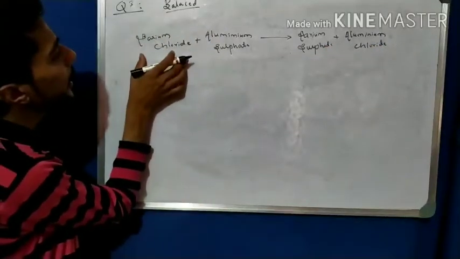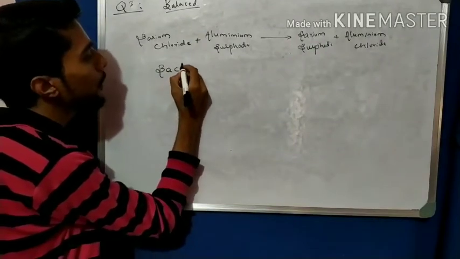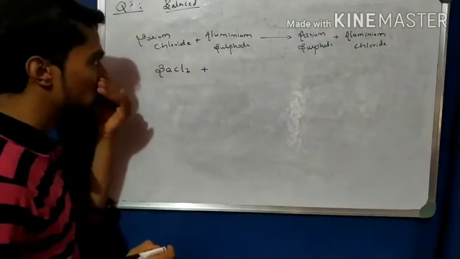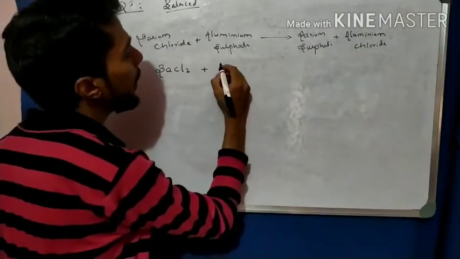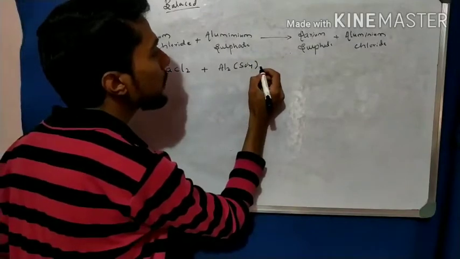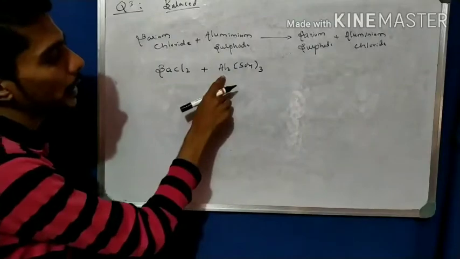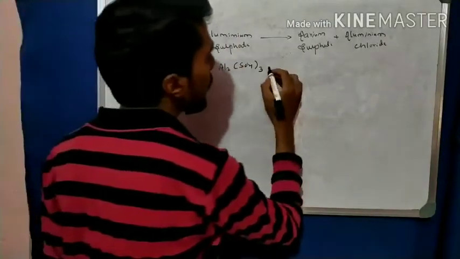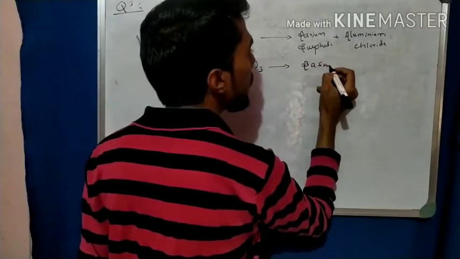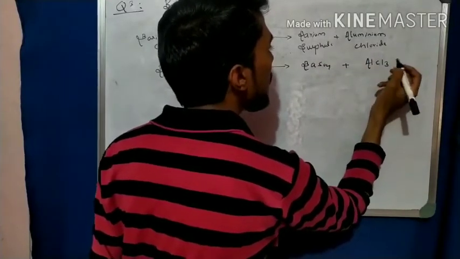So barium chloride is BaCl2, plus aluminium sulfate, whose symbol is Al2(SO4)3, is equal to barium sulfate, BaSO4, plus aluminium chloride, AlCl3.